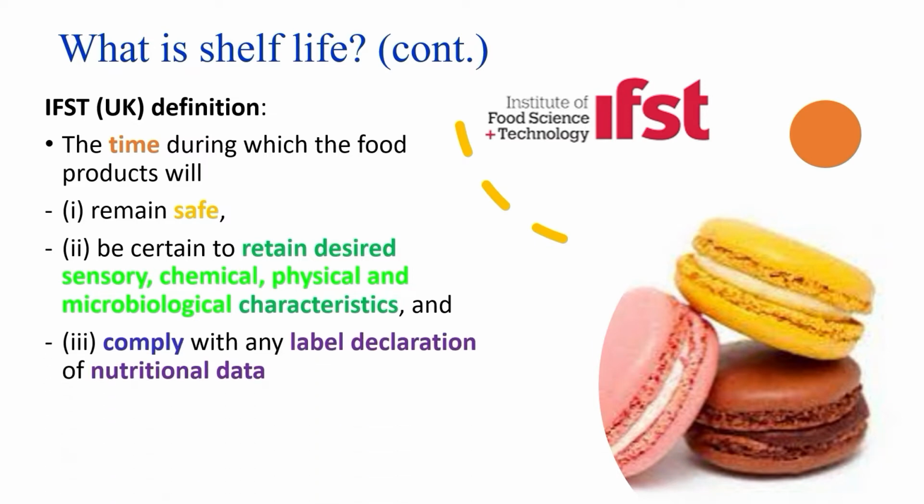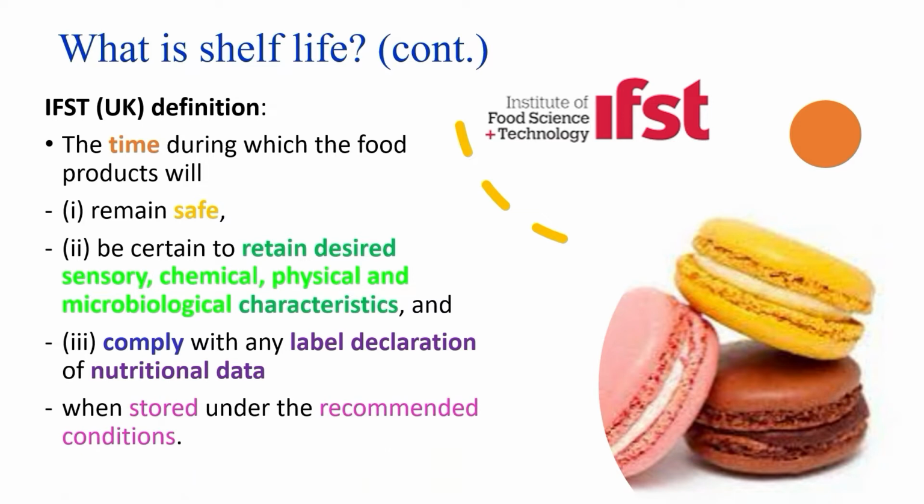And the last one, to comply with any label declarations of nutritional data when stored under recommended conditions. So this one is not really taking the consumer acceptability into consideration. It's more on fulfilling or complying with the food laws and regulations.